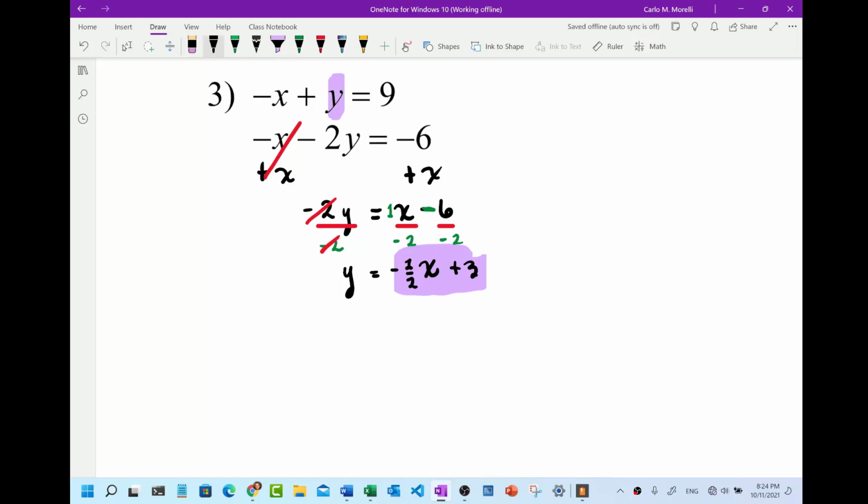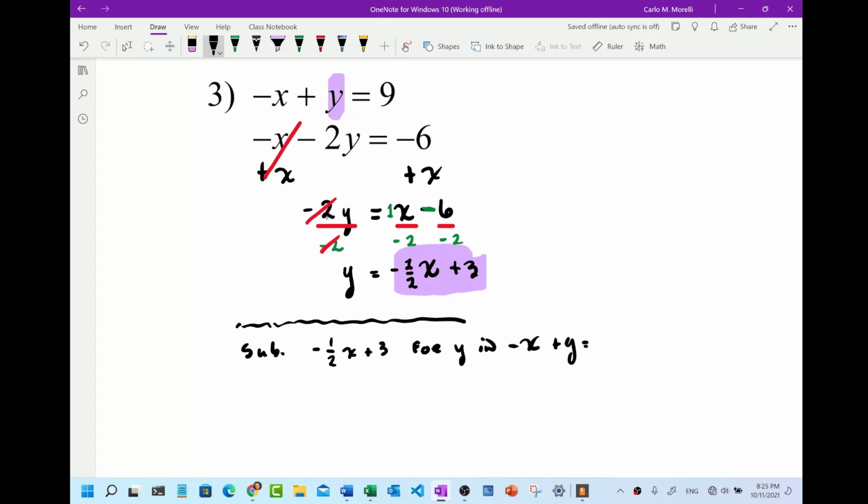And so what we're going to do now is substitute negative 1 over 2x plus 3 for y in negative x plus y equals 9. Okay, so that's what that means.